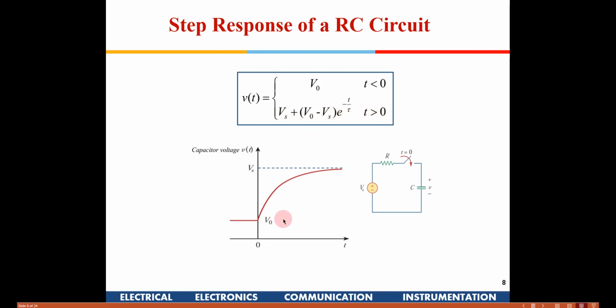Now remember that this V0 in this particular graph is shown with some positive value, but when we analyze circuits, that need not be the case.